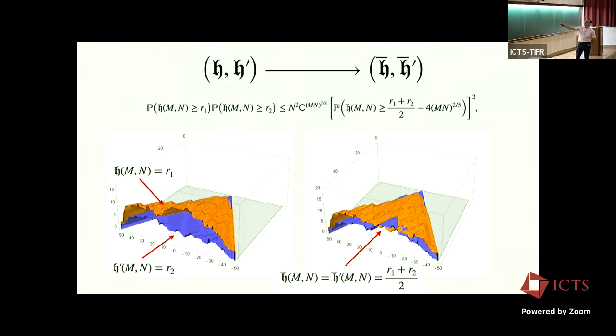And therefore, we have to allow a certain margin of error in how close we want to get these surfaces. So this is a picture, but you can make this into a rigorous proof of logarithmic concavity. But I will come back to this idea later.